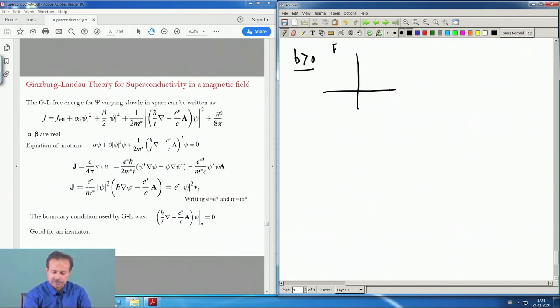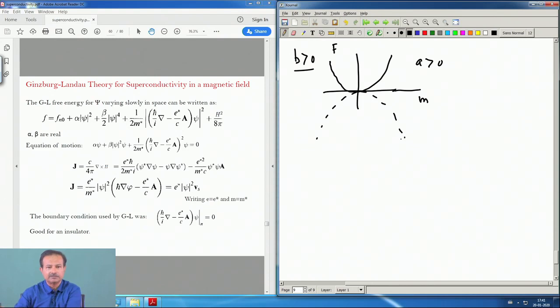I set my free energy scale there, and versus m, if you look at it, for a greater than 0, remember, b is always greater than 0. Otherwise, if a and b were both negative, I would get a curve in this direction, and then m would choose values at infinity so that this energy goes to minus infinity.